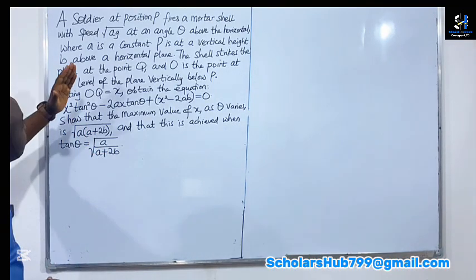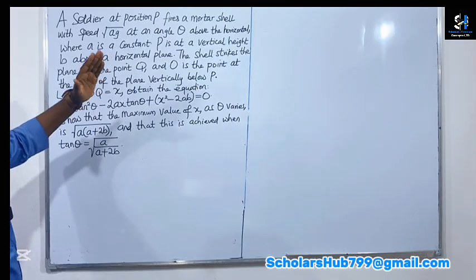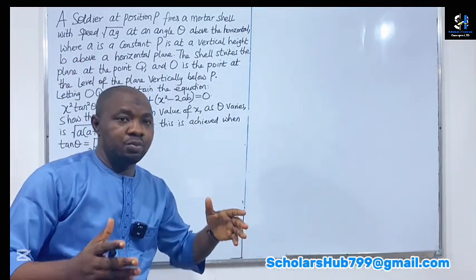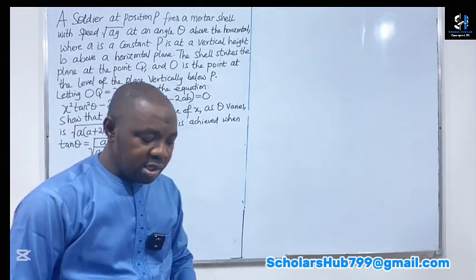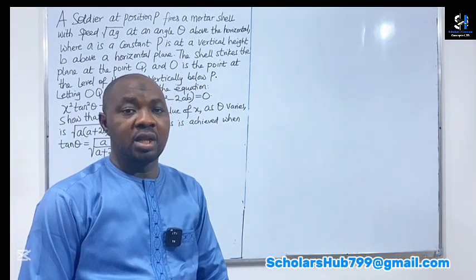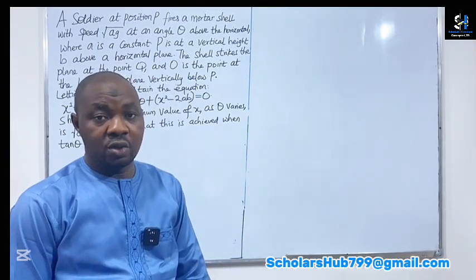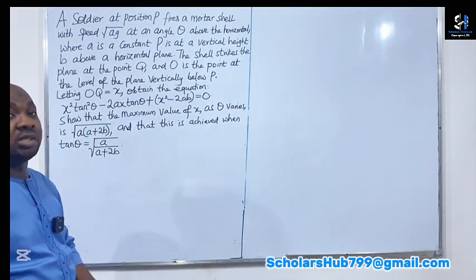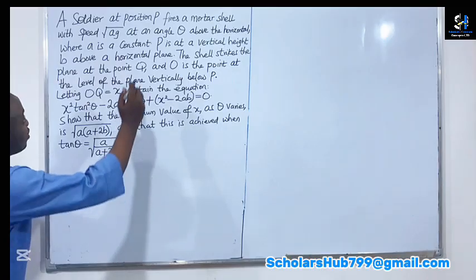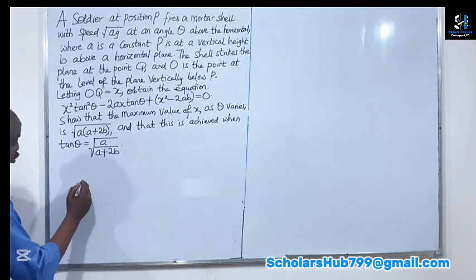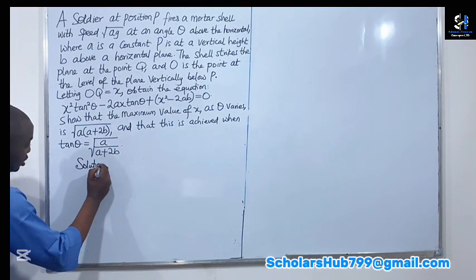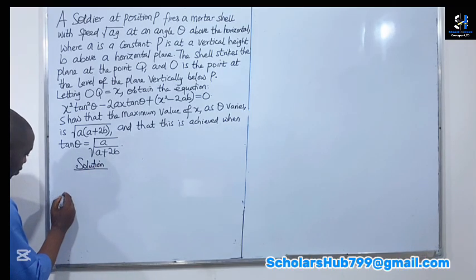So we have a soldier at position P who fires a mortar. Now, when we say a soldier at position P, that means the soldier is not on the ground level. Let's say the soldier is standing on a platform and the position is P. So this is the solution.